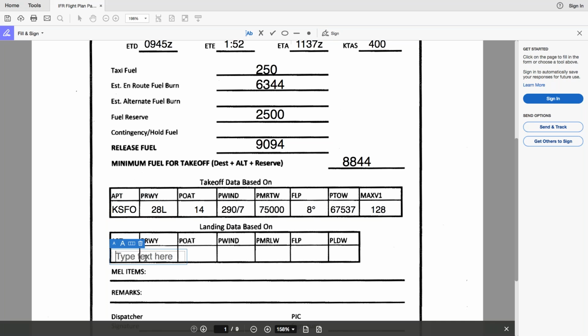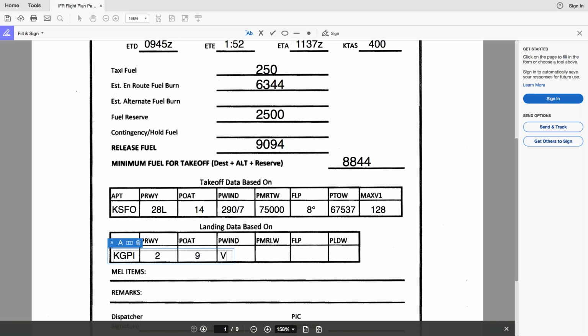Our planned destination, okay, is Bermuda. Our planned runway was runway 2. Outside air temperature was 9. Planned winds were, no, I think that one was variable at 3.